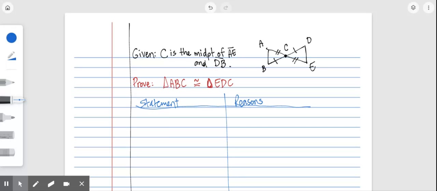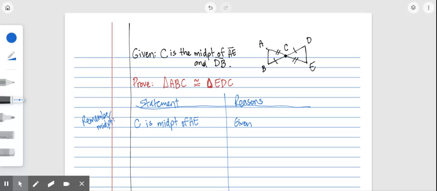So the first statement that I'm going to make is always my given information. C is the midpoint of AE. And that's because it's given. Okay. Because C is the midpoint of AE, what does that mean? So you have to remember about a midpoint. Remember midpoints. Okay.